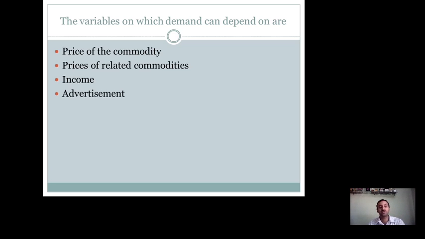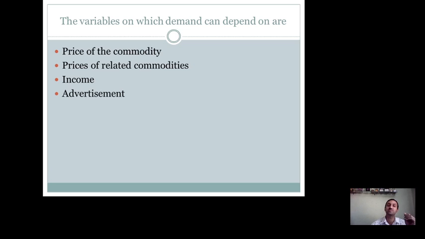This measurement is known as advertisement elasticity of demand. So these are the important aspects on which demand is dependent, and as these variables change, demand will change, and the measurement of this relationship is known as elasticity of demand.